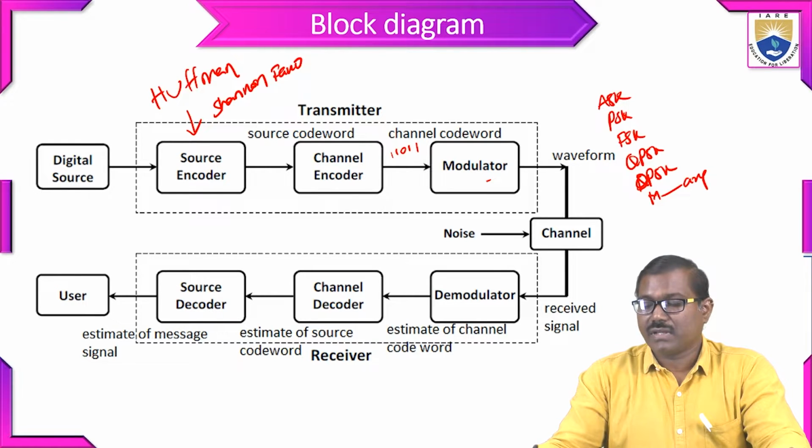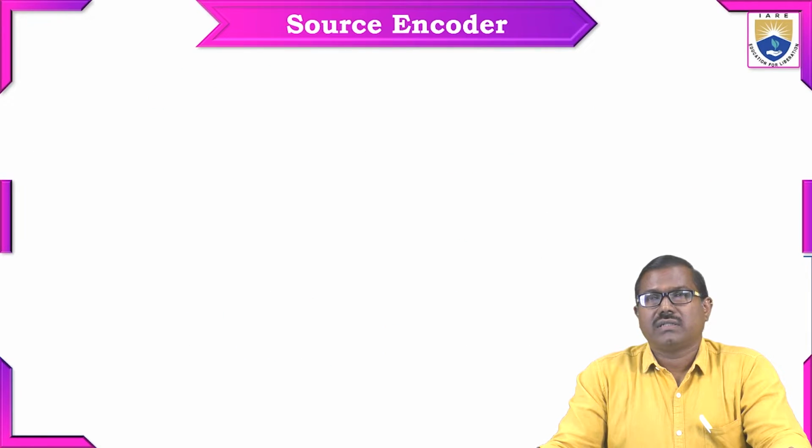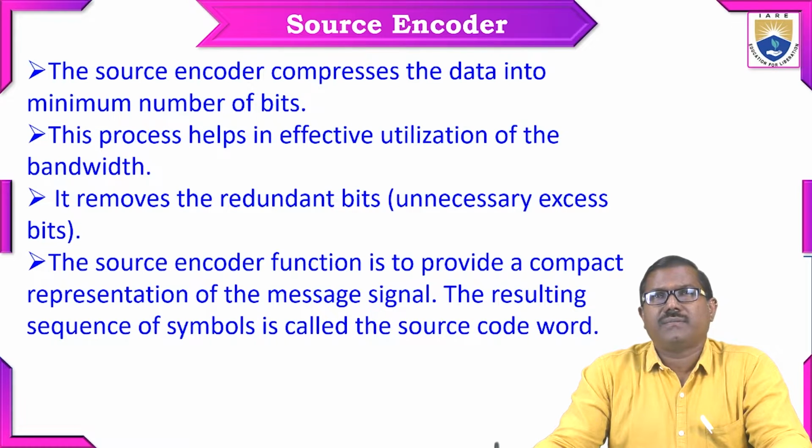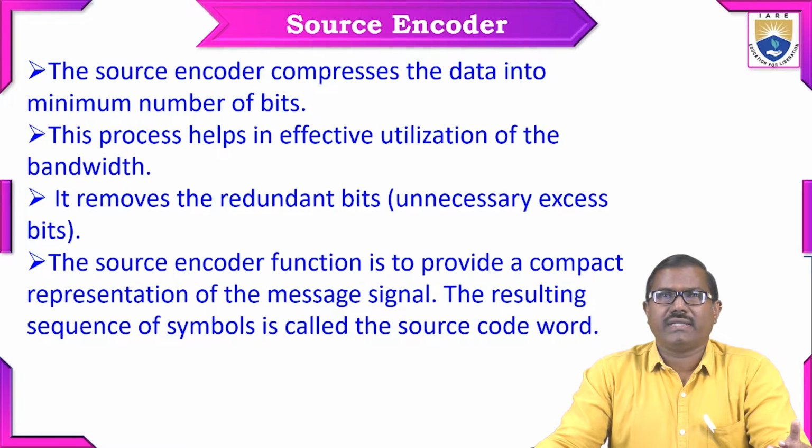Coming to the next slide. The first one is the source encoder. The source encoder, channel encoder, and modulator are what come in the transmitter of this digital communication system block. The source encoder compresses the data into the minimum number of bits.